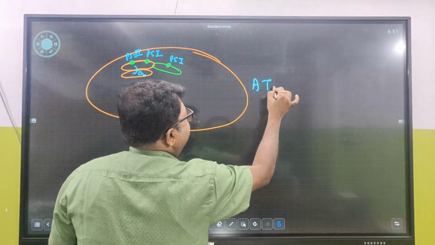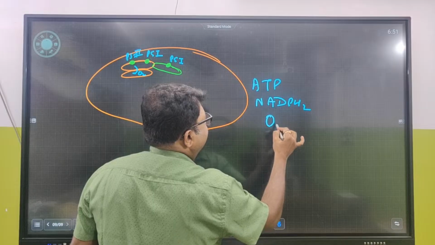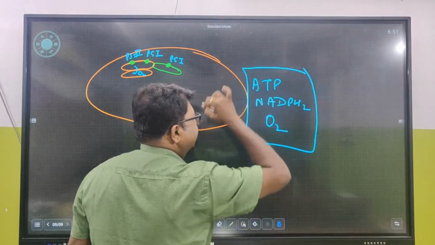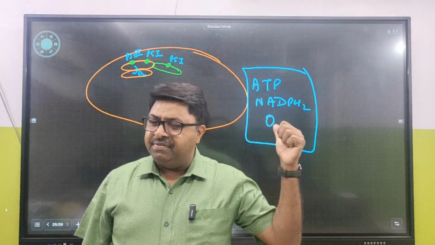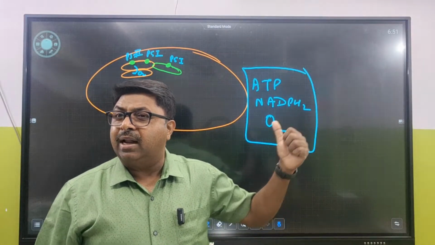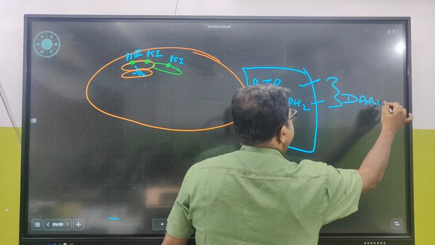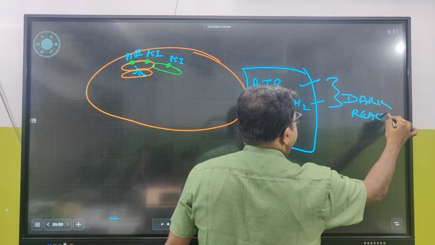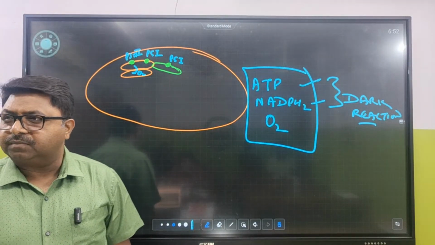So what is the net result? ATP, NADPH2, and oxygen. This is the result of the light reaction. If these are the end products of the light reaction, where will they be needed? ATP and NADPH2 are required in the dark reaction. Is this part clear? Any problems? Is this clear?